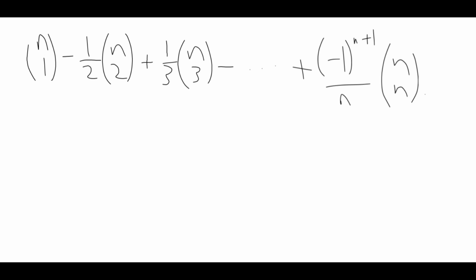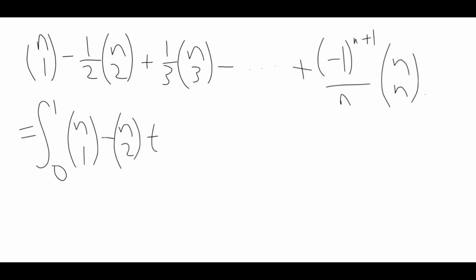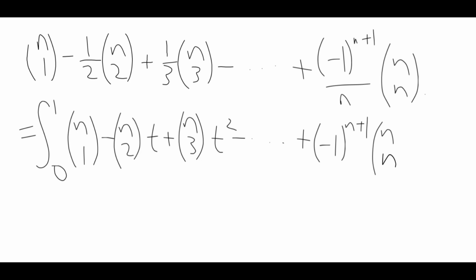We're going to use the same trick though. So this is the integral from 0 to 1 of n choose 1 minus n choose 2 t plus n choose 3 t squared, and so on. Maybe I'll actually write this power of minus 1 as n minus 1.